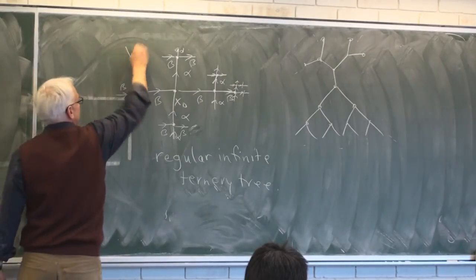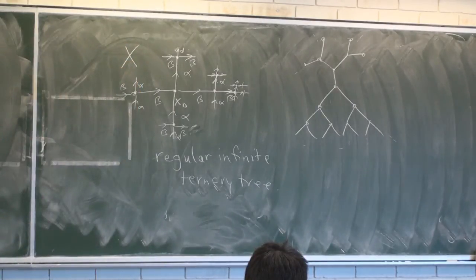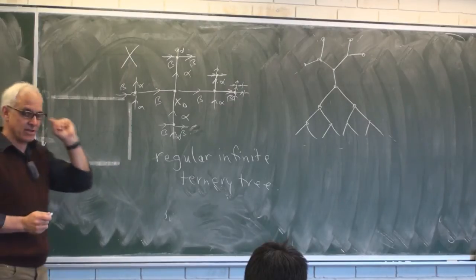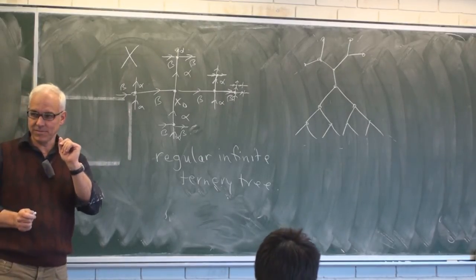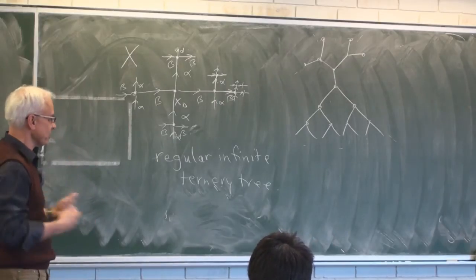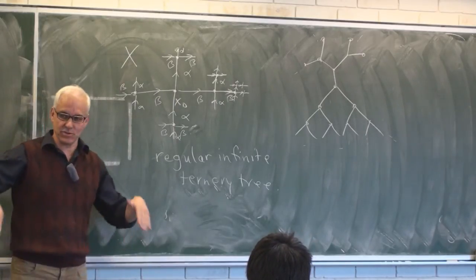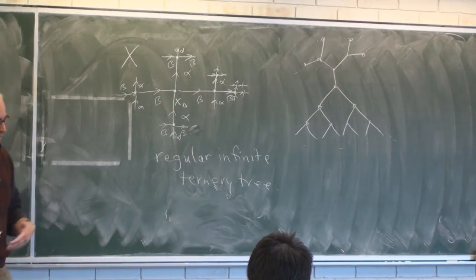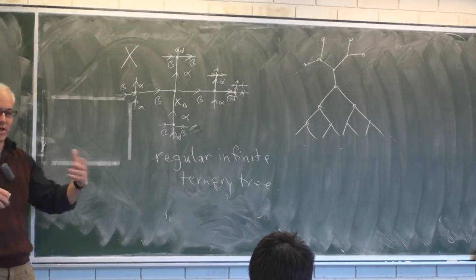So this is some big infinite graph, X, which is a covering of B. And it's a particular covering. It has the property that it has no loops. Because it has no loops, it's called the universal covering. And in some sense, which we'll see next time, it covers all the other coverings.